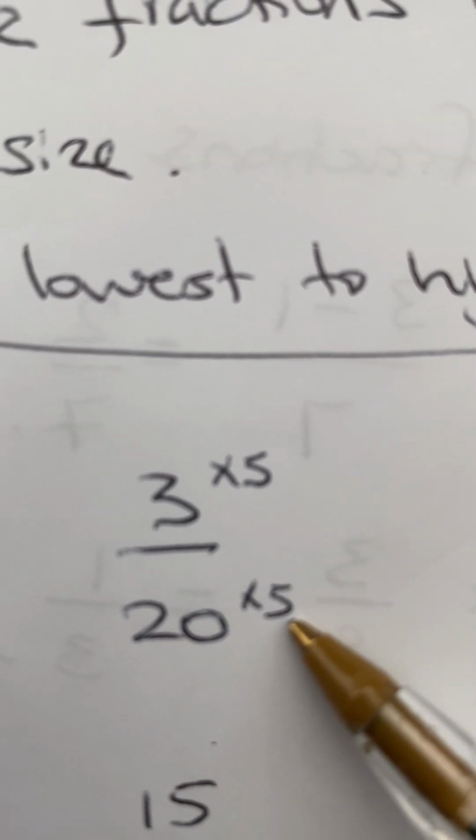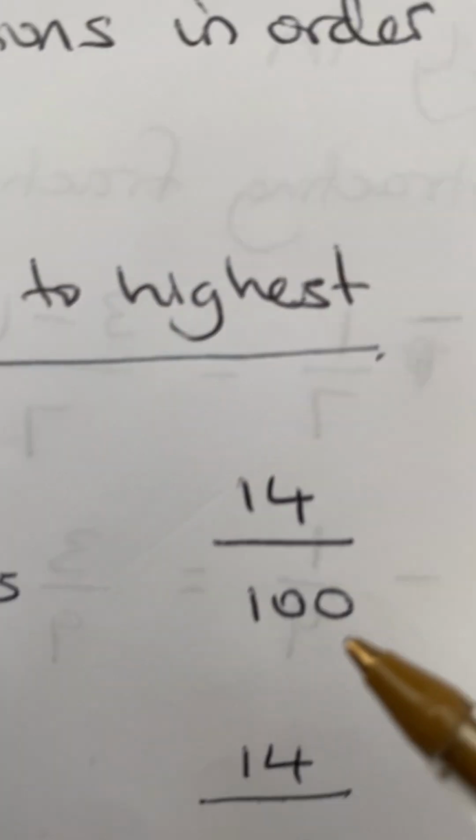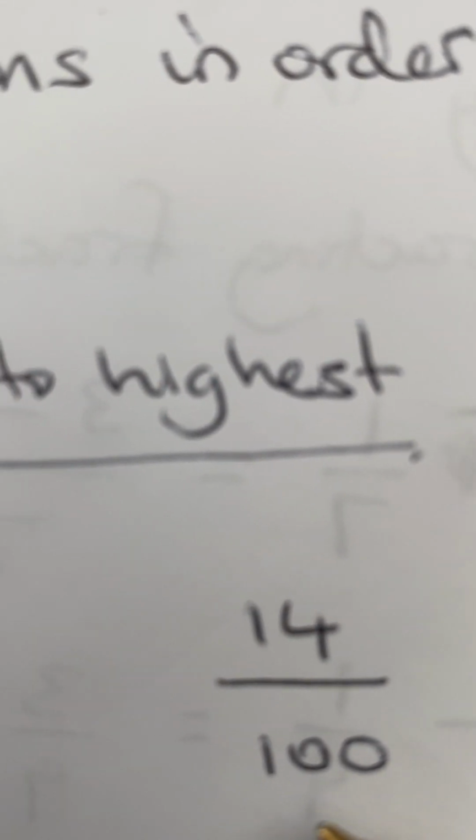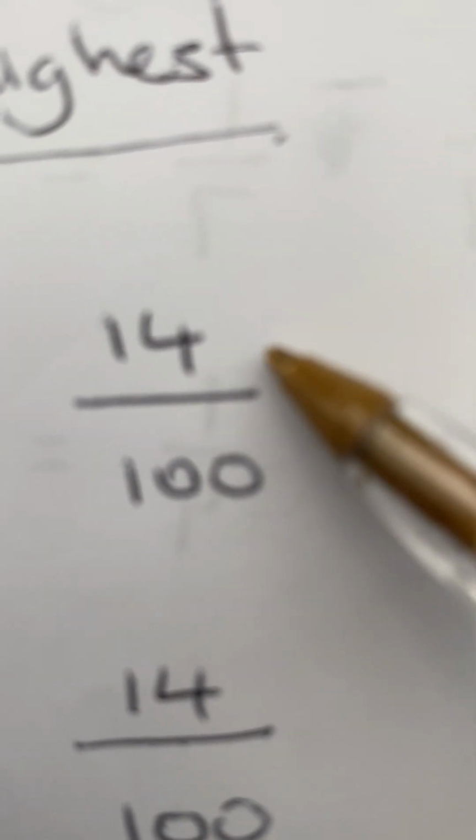Second fraction, 20 times 5 is 100, and 3 times 5 is 15. Third, 100 times 1 is 100, and 14 times 1 is 14.